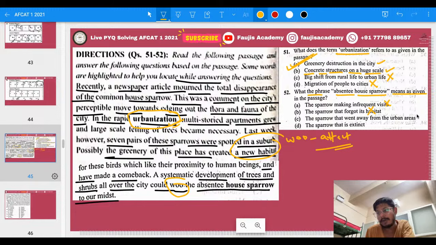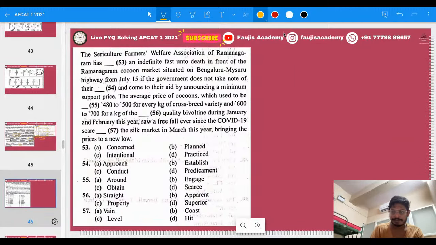Why will it go away from the urban areas? It has gone away, or it might have disappeared. The sparrow that is extinct. So the correct answer will be D: the sparrow that has gone extinct from the urban areas. Question 52 answer will be D.